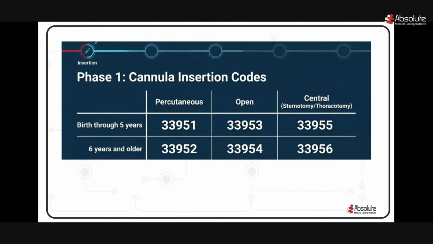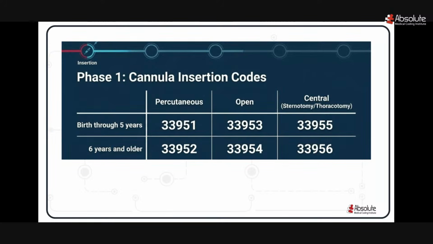So that's percutaneous. Under the percutaneous approach, you can see the insertion code 33951 for patients from birth through age 5, and for 6 years and older, you can see the CPT code 33952. So that's how the insertion codes are classified.